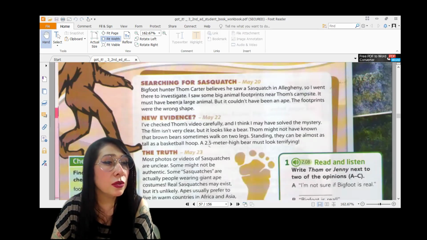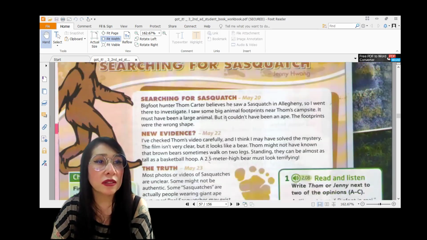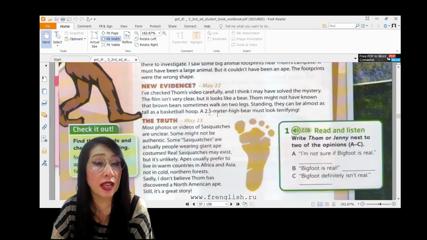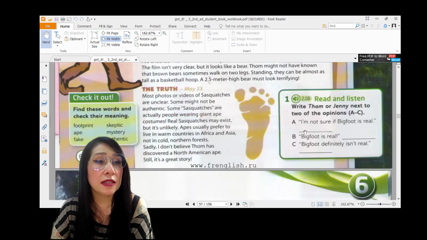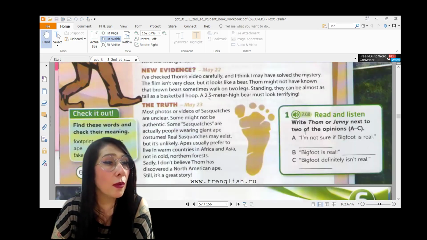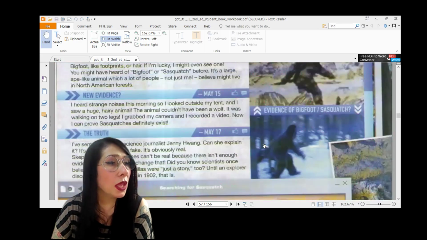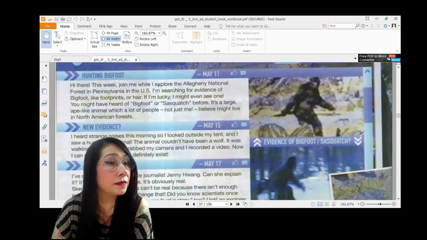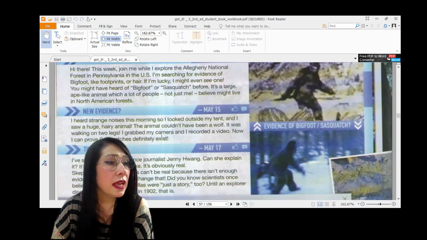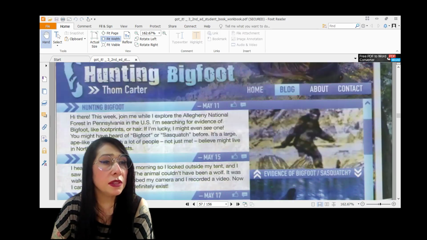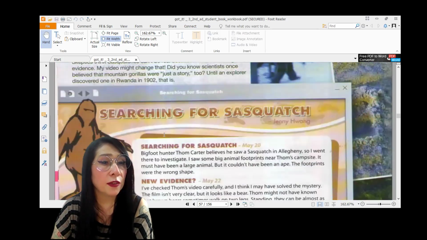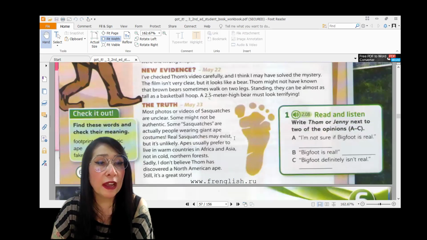So according to Ginny Wong's text, this sentence is from what she believes. Bigfoot is real. I heard strange noises. Yes, that is Tom's. That's from Tom's. And Bigfoot definitely isn't real.